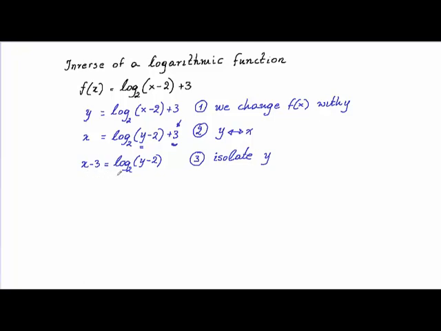The next step is that we want to get rid of the log. In order to get rid of the log, what we have to do is raise both sides of the equation with a base of 2. So we rewrite now the equation as an exponential equation. We choose 2 because 2 is the base of the logarithm.